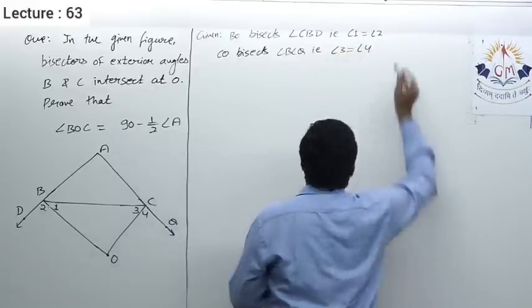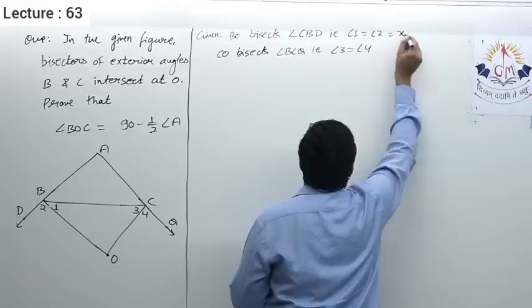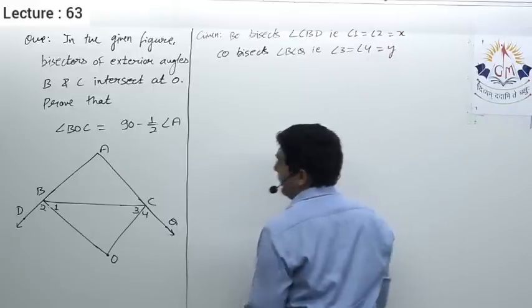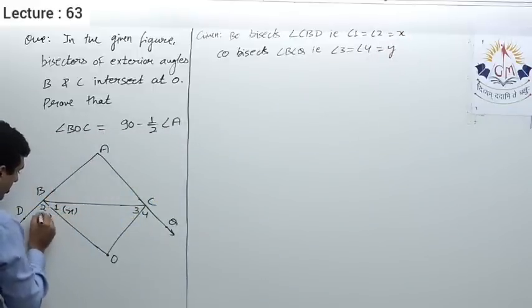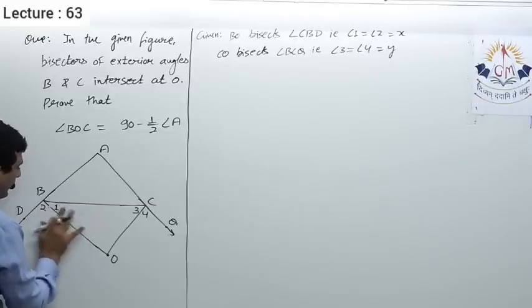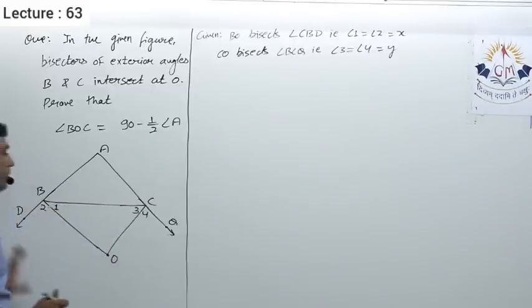Okay, or here I am adding one more thing. I am writing this is equal to x and this is equal to x. So I am actually assuming this angle is angle x, this is also angle x. Similarly over here I am assuming these two angles have measure y.